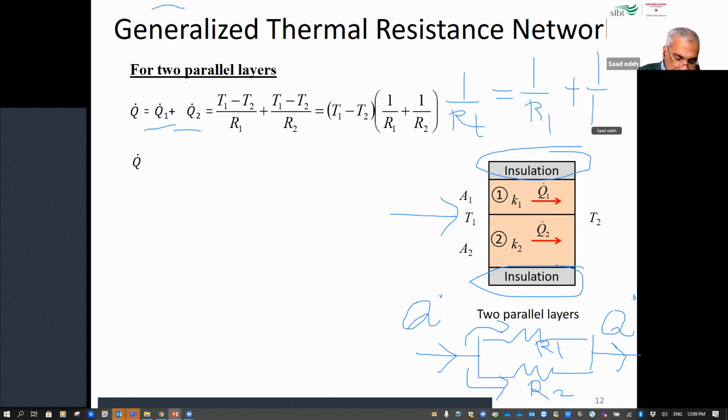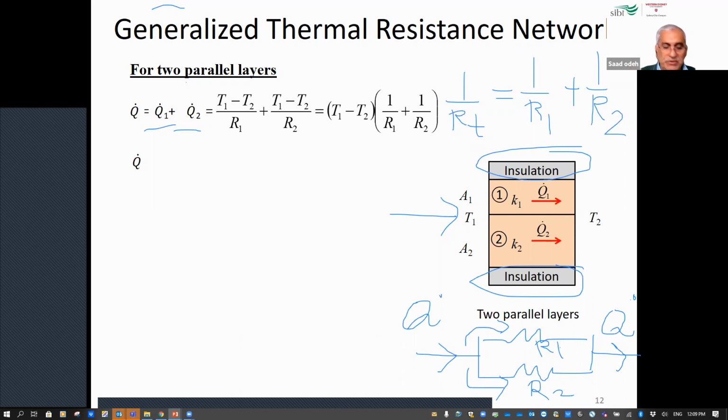This is how to find R total in a parallel connection of thermal resistance, same as in an electric circuit. In the electric circuit, with parallel connection, 1 over R total is equal to 1 over R1 plus 1 over R2 plus 1 over R3 and so on. So you keep adding these terms until you get R total.